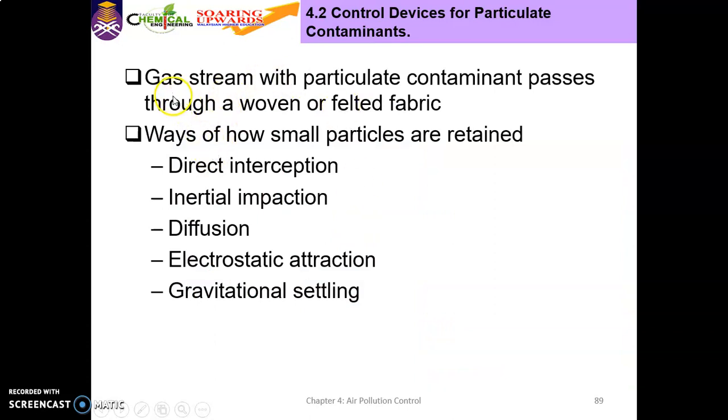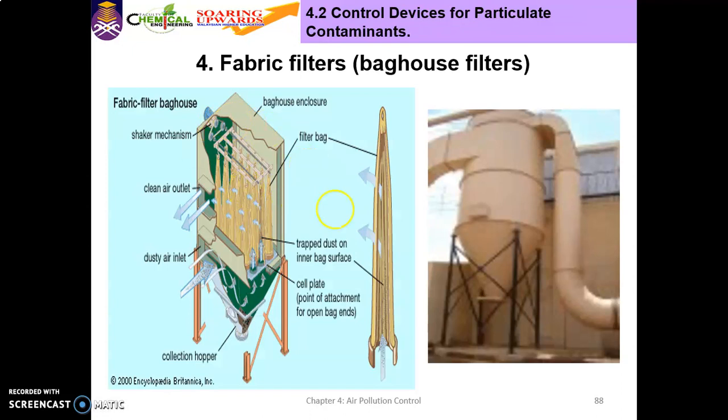The gas stream with particulate contaminant passes through a woven or felted fabric. If you look just now, this is the fabric. The dirty gas comes in and traps the particulate at the surface of the fabric, and clean gas out will be filtered.